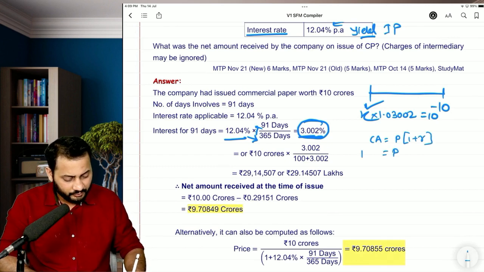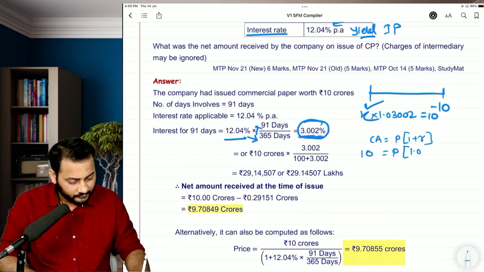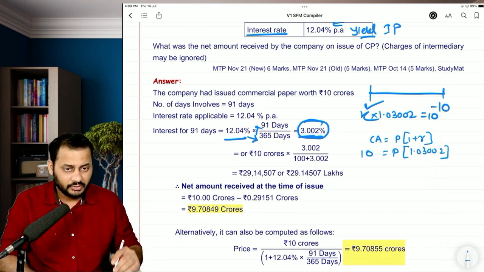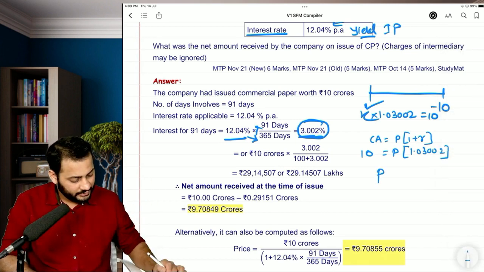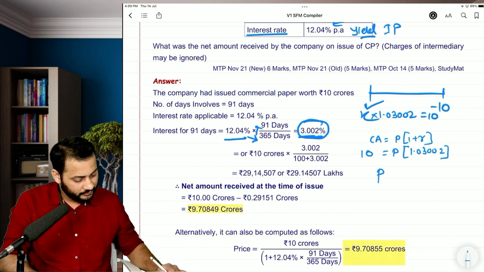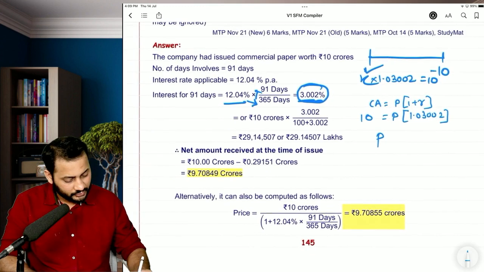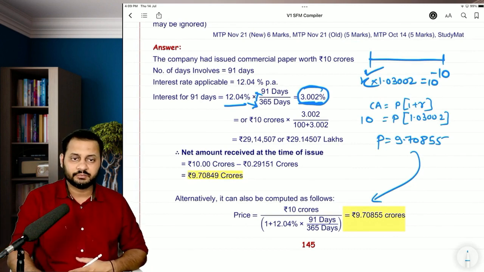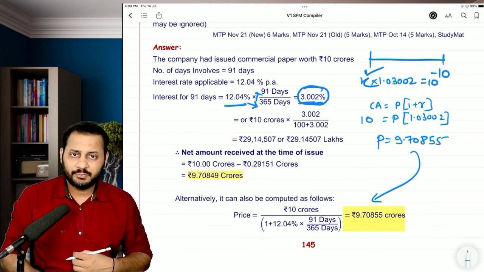Principal you don't know, compound amount is here, 1 plus r, 1.03002. If you take it to that side, it will look like this: 10 divided by 1.03002. So the answer comes to 9.70855. It will match with this. Are you okay with the concept?